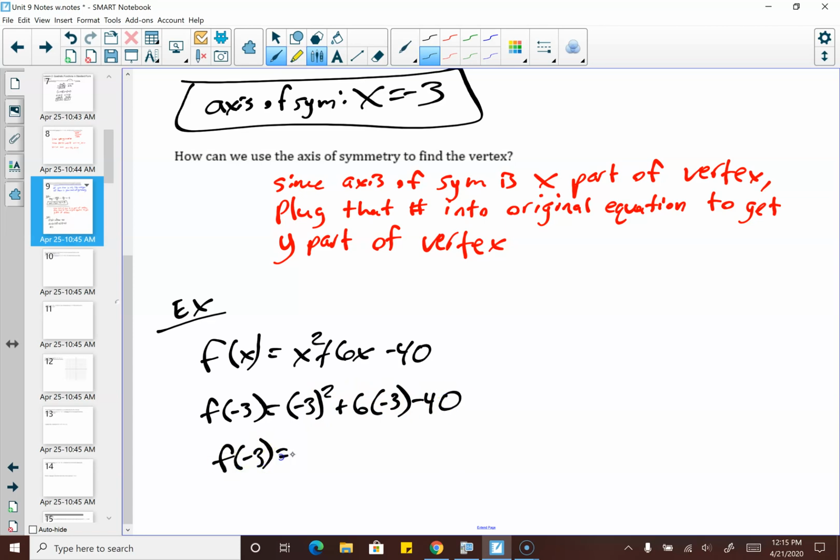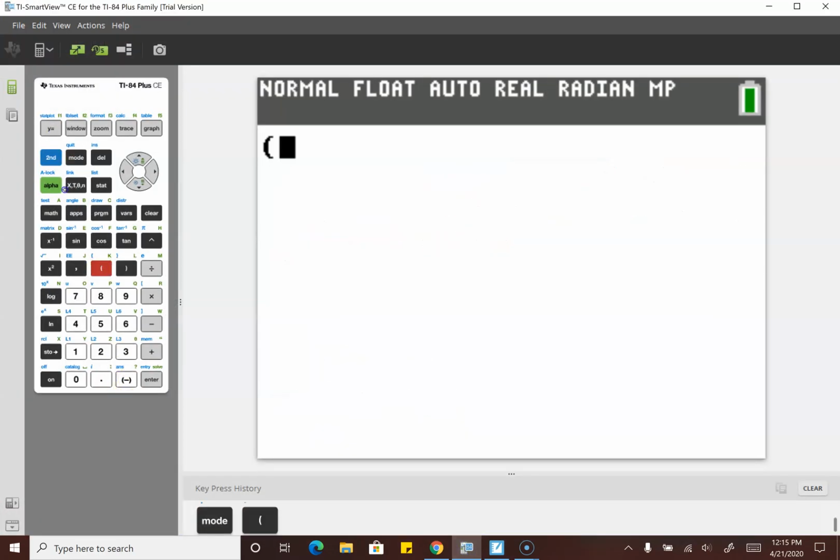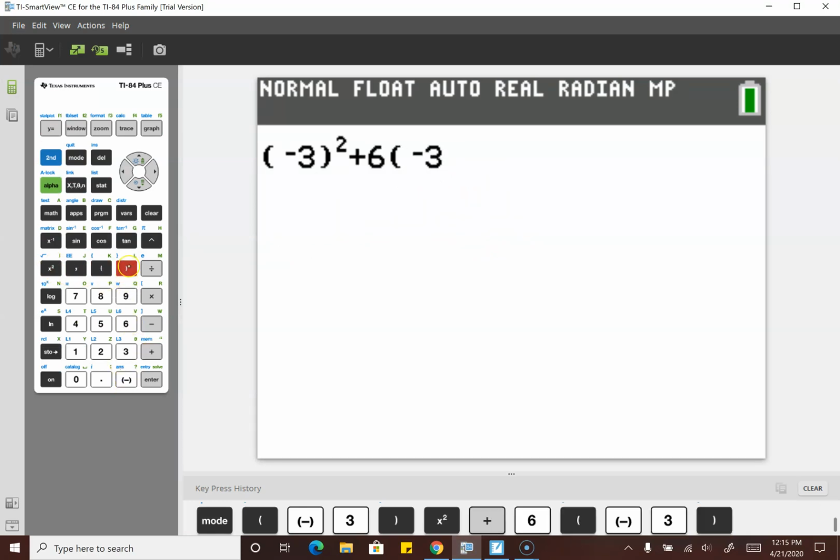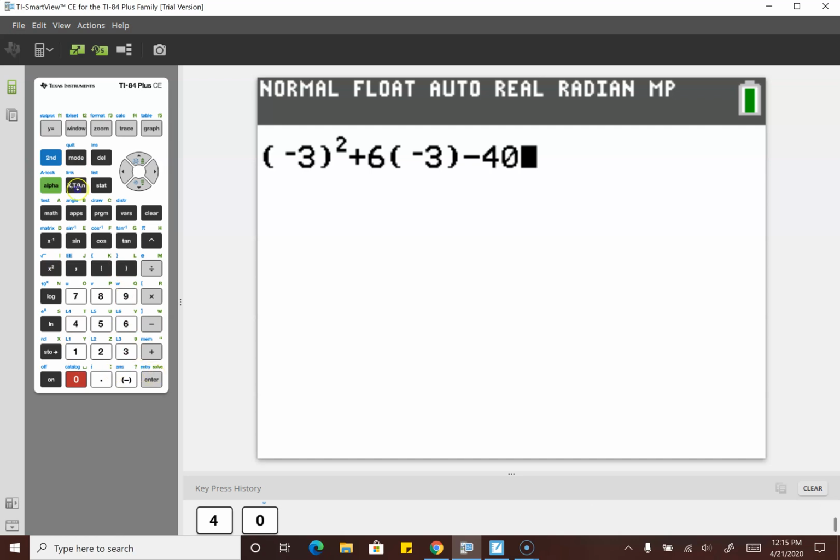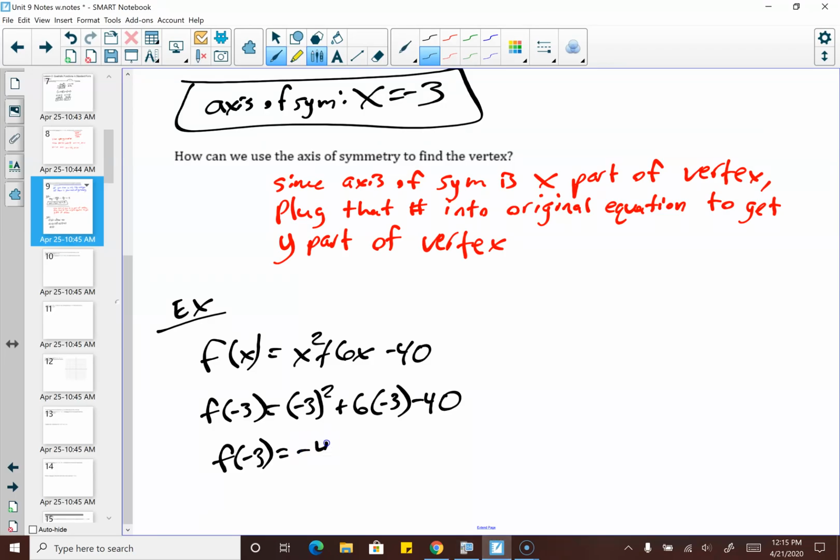Now, I wouldn't try to do this in your head. I would plug in exactly what I have here into my calculator. So negative 3 squared plus 6 times negative 3 minus 40. And that's going to give me negative 49. So right there, this is the y part of the vertex.